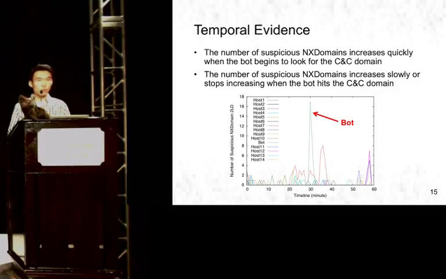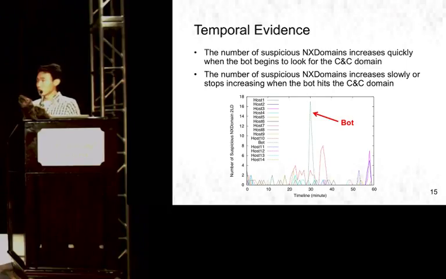The next evidence we use is temporal evidence. Because the bots do not know which domain is registered, and they want to talk to the CNC domain as quickly as possible, in the beginning they send lots of queries for suspicious NX domains. But once they find which one is registered and fetch the commands, they do not have to send any more suspicious NX domains. We reuse the same 1 hour combined traffic as on the previous slide and show the results here to validate this assumption.